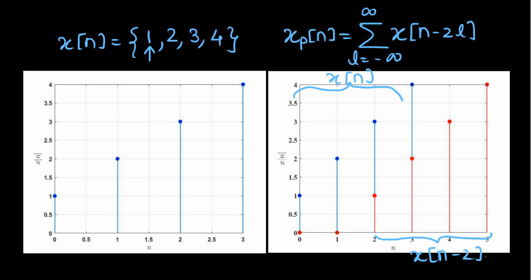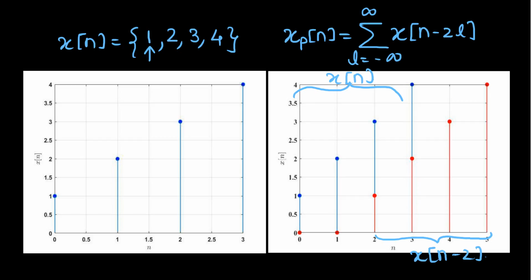So if we observe carefully, the values that are located at n equal to 2 and n equal to 3 are overlapping. And as we know that this is going to continue from minus infinity to infinity, we are going to obtain this overlapping for all the values, which means that the original signal that we have is going to get completely distorted. So now let us see what happens to the DFT and let us see if we are able to get back the original signal.